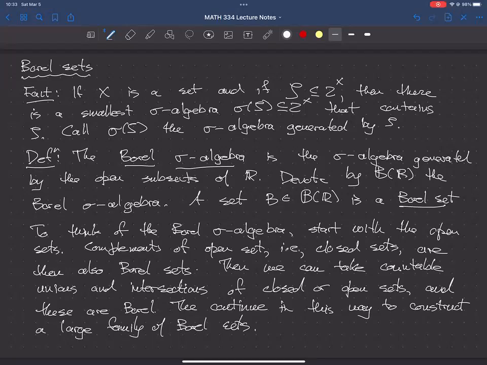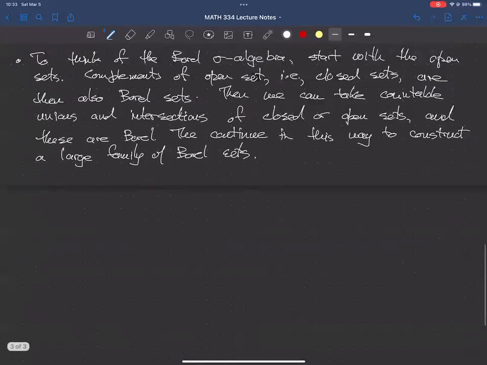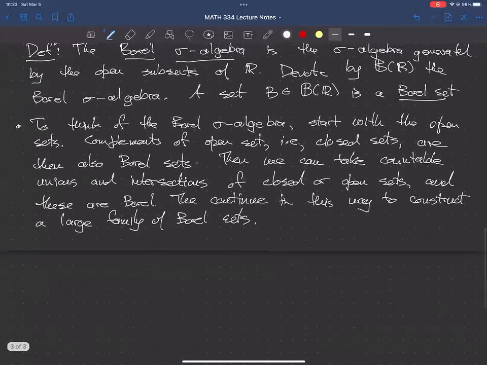For the purposes of what we're interested in, we don't have to dig very deeply into that sort of iterative construction to get all the kinds of subsets that we're going to want that are going to be Borel sets. So let's just see how this works.